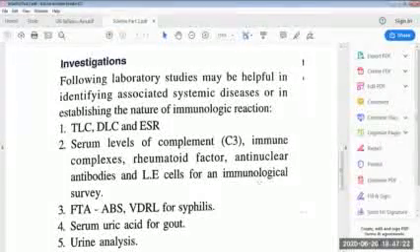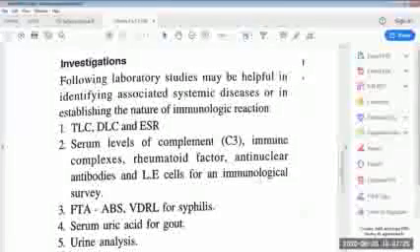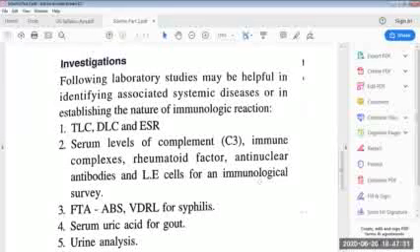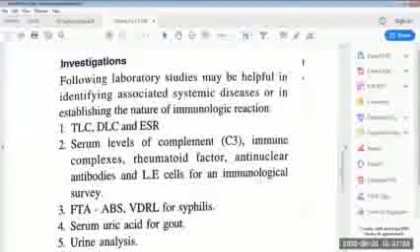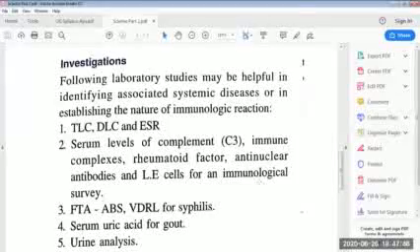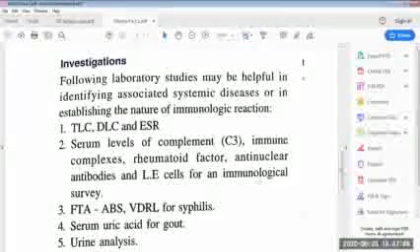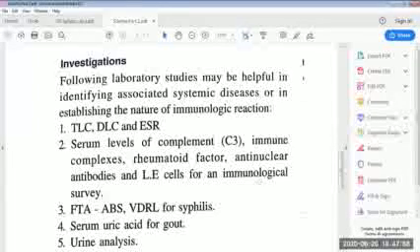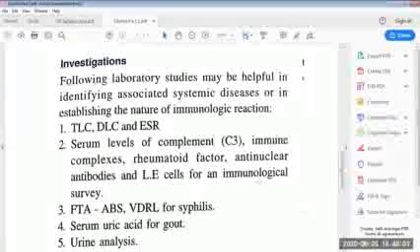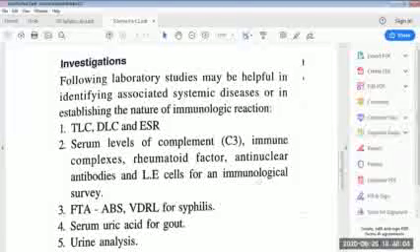Then again there is FTA-ABS, VDRL. FTA-ABS is a fluorescent treponemal antibody absorption test, and it is a blood test that checks for the presence of antibodies to Treponema pallidum bacteria, which causes the syphilis. And VDRL, the Venereal Disease Research Laboratory test, is again a test for the syphilis.